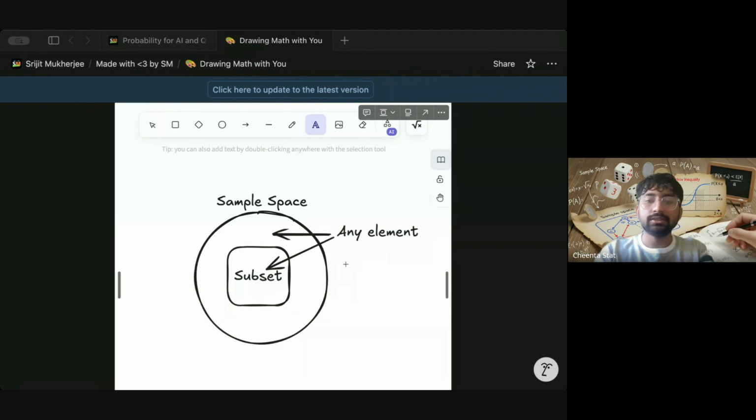Two options: it can be inside, a part of the subset, or it can be outside. Right?